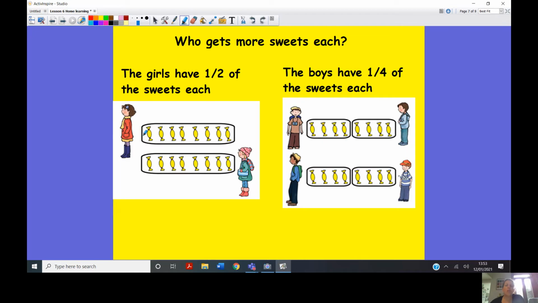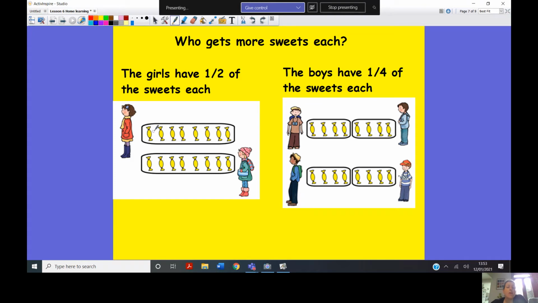So what we would need to do is draw our equal groups. So you'd start off by drawing your whole into equal groups. Let's count and see here. We've got our whole split into equal groups, but let's double check. 1, 2, 3, 4, 5, 6, 7, 8, 9, 10, 11, 12, 13, 14, 15, 16. So this has been split equally into 2 groups.